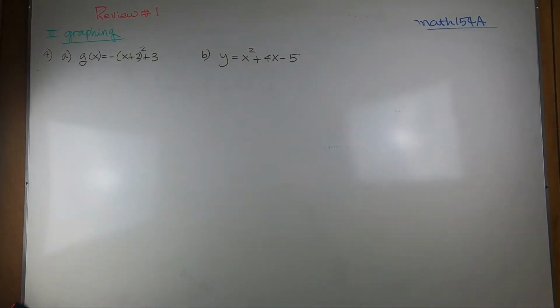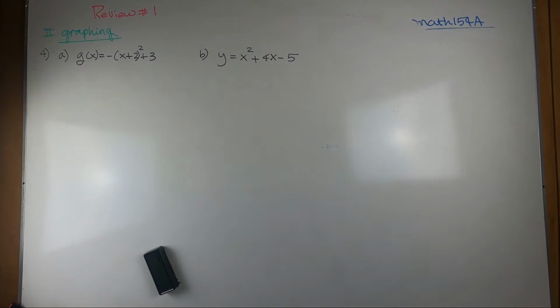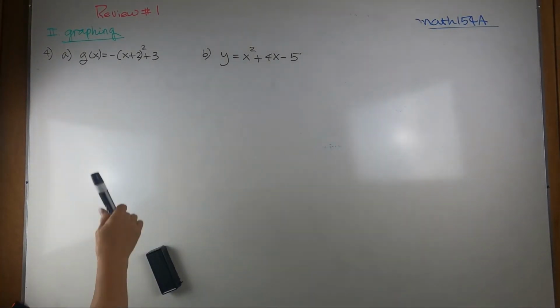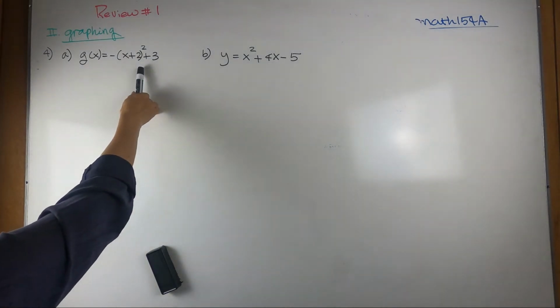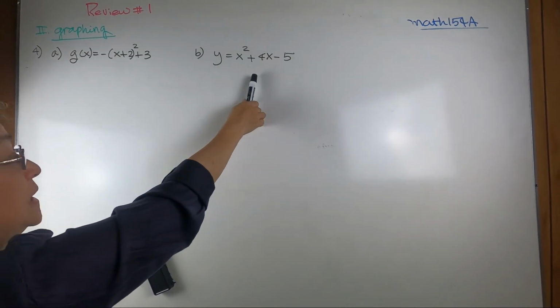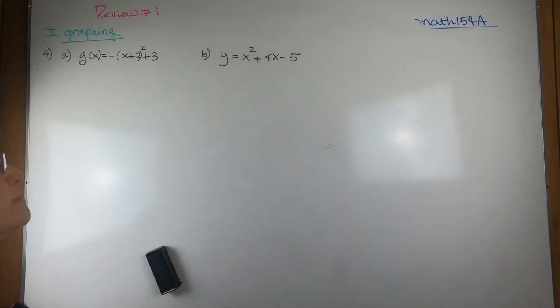We did this many times already. Let's do it one more time. So both are functions. What's the difference? One is a vertex form. Another one is a standard form, right?